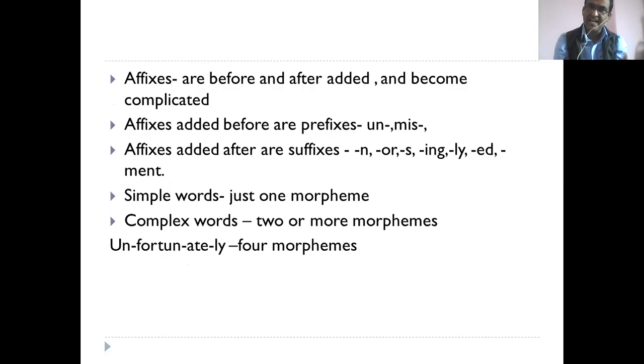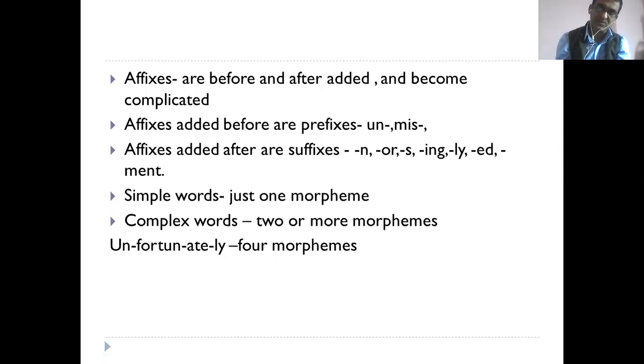Affixes that are added before the stem are called prefixes, just like un and mis. These are prefixes because pre stands for before the stem. Affixes that are added after the stem are called suffixes. Suff stands for the end of the word.